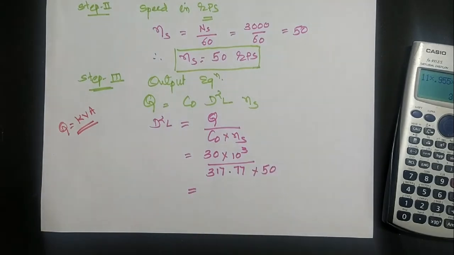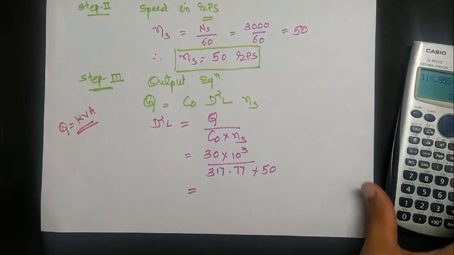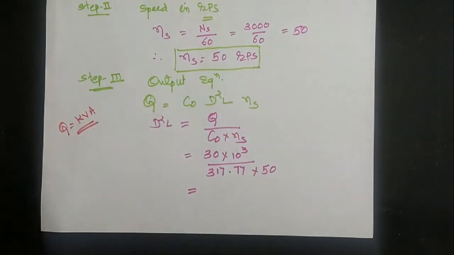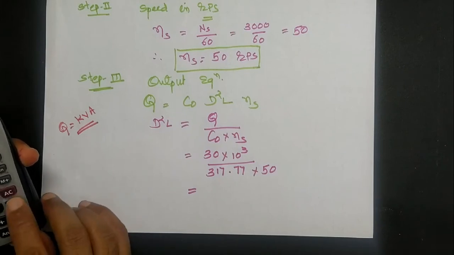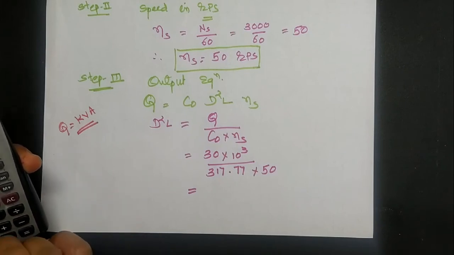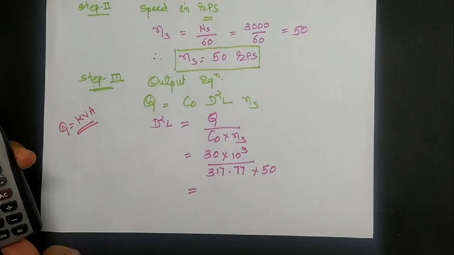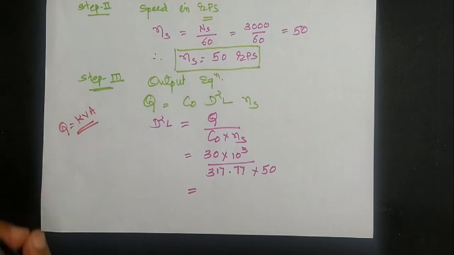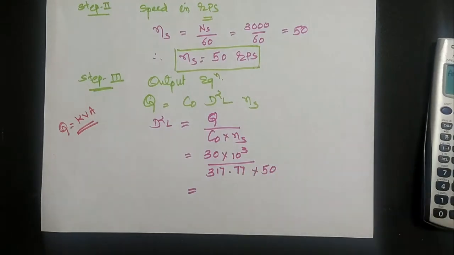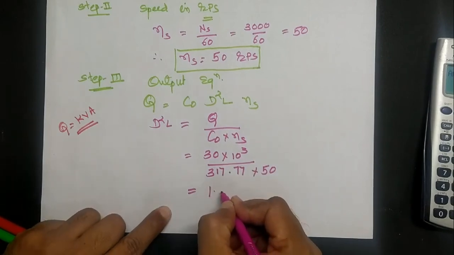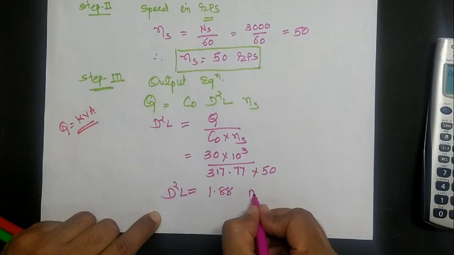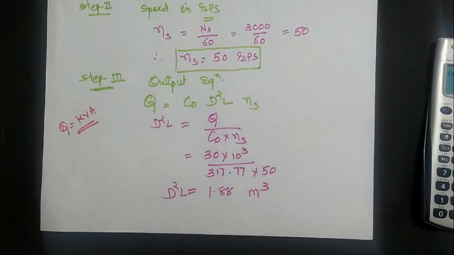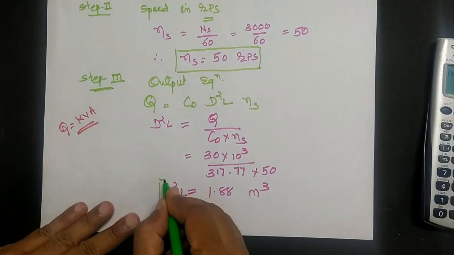Let us calculate: 30 multiplied by 1000 divided by 317.77 and divided by 50. It comes to 1.88. So D square L we have found, and that is in meter cube. D square L is our volume, and volume is always in meter cube.